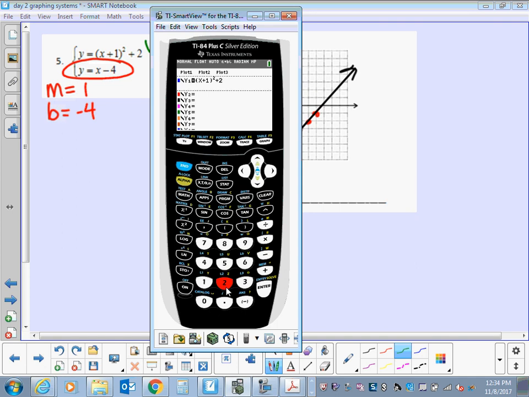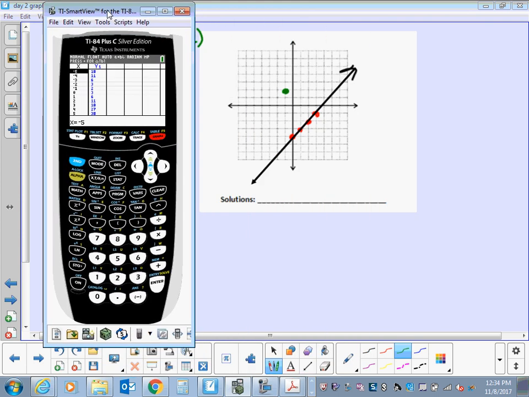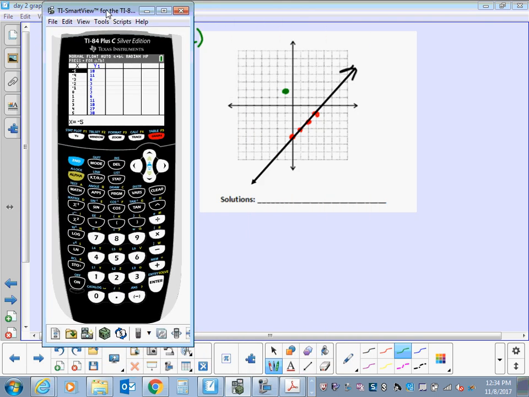And then I'm going to look at my table and get some points. I know that my vertex is negative 1, 2, so let's just pick a few points above and below. Negative 2, 3. Negative 3, 6. Do the same thing on the other side.